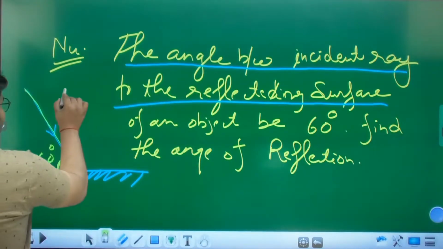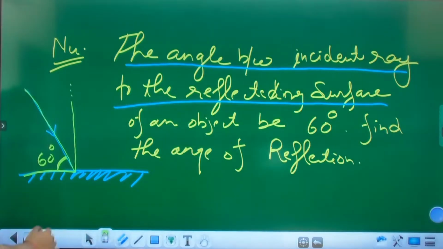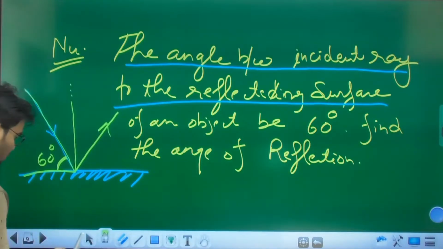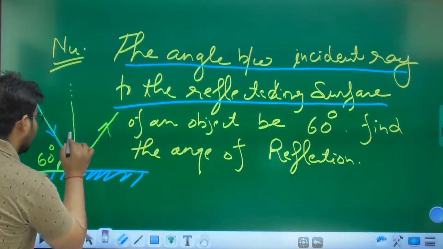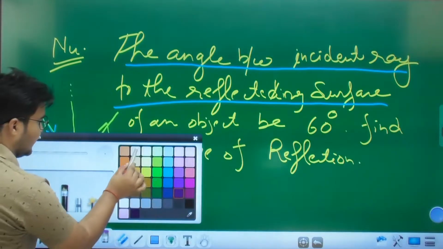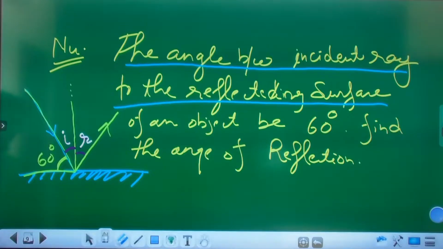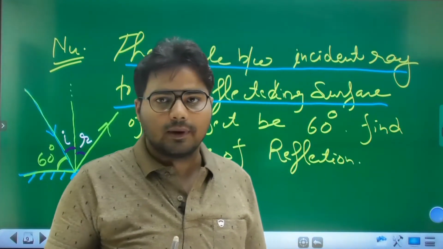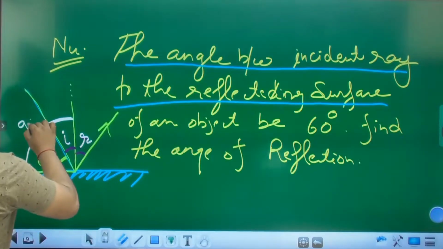Clear? So if we draw a normal, that one is a perpendicular from the point of incidence, and this one is your reflected ray. So this is your I and this one is your R. Angle I, angle R. And you know that when a perpendicular is drawn from any point, then this complete angle is 90 degrees.